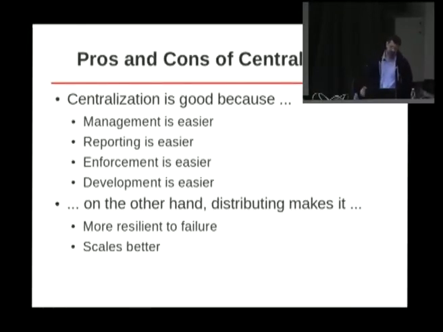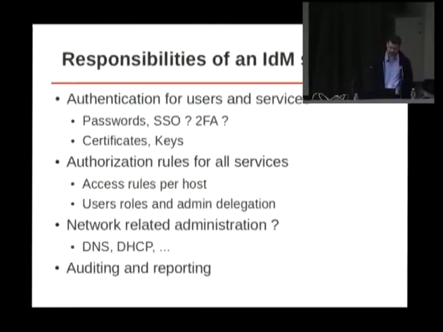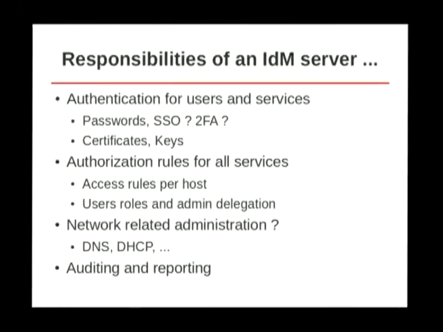Scalability, resilience to failure, security, they all go against each other. So next, let's see what all these functions are that an identity management system has to perform, and why I was introducing centralization and the delegation of features. So, of course, an identity management system needs to be able to identify users, and in the computer world that means authenticating users and also services.